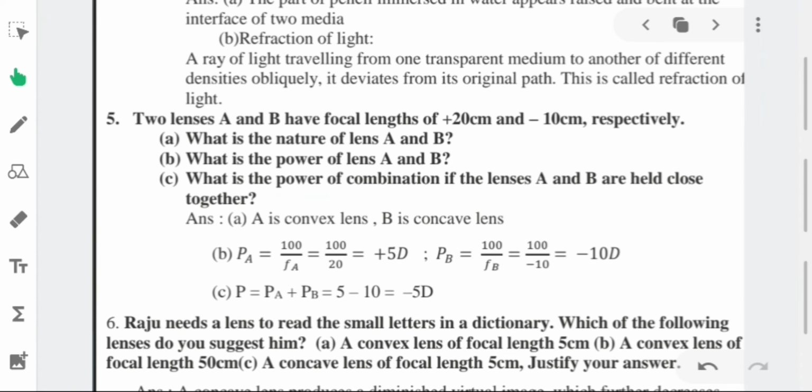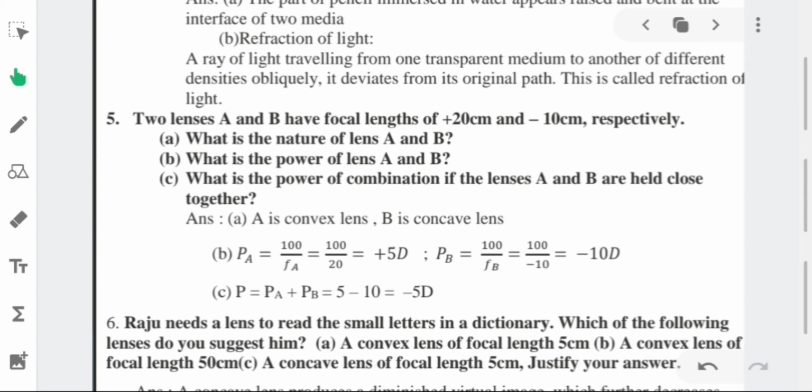Fifth question. Two lenses A and B have a focal length of plus 20 cm and minus 10 cm respectively. What is the nature of lens A and B? Next question: what is the power of lens A and B? Third question: what is the power of the combination if the lenses A and B are held close together?